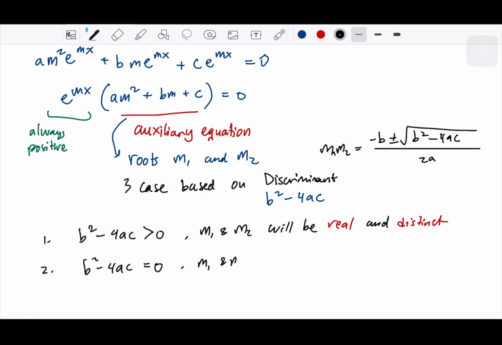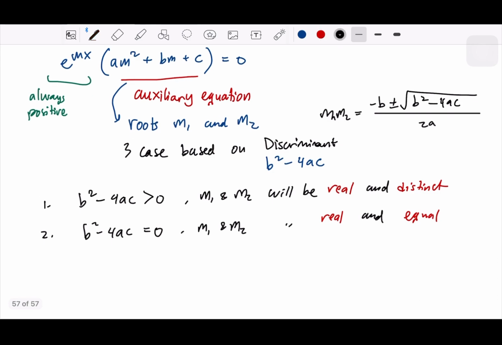So m1 and m2 are also real, but they will be equal. And the third case is when it is less than 0, and the roots will be complex, or conjugate complex.